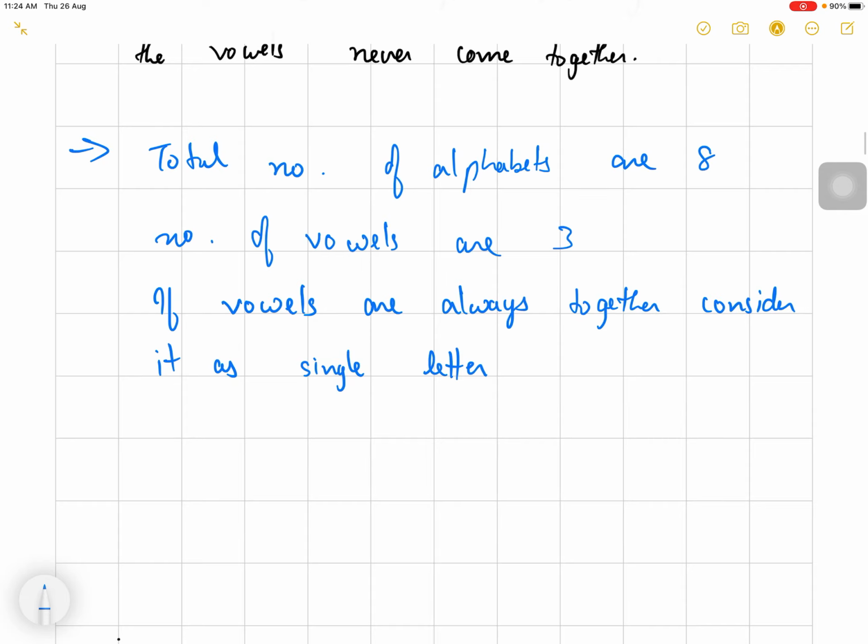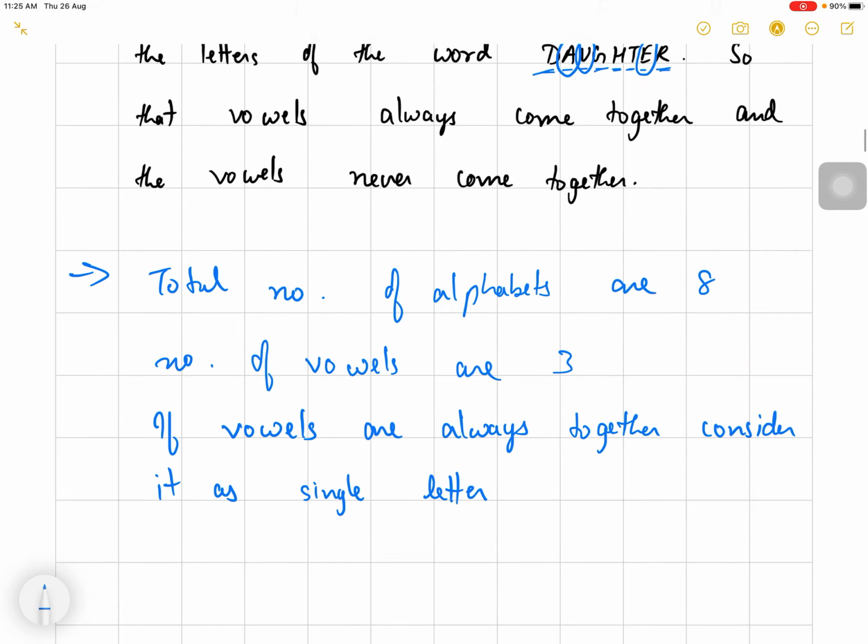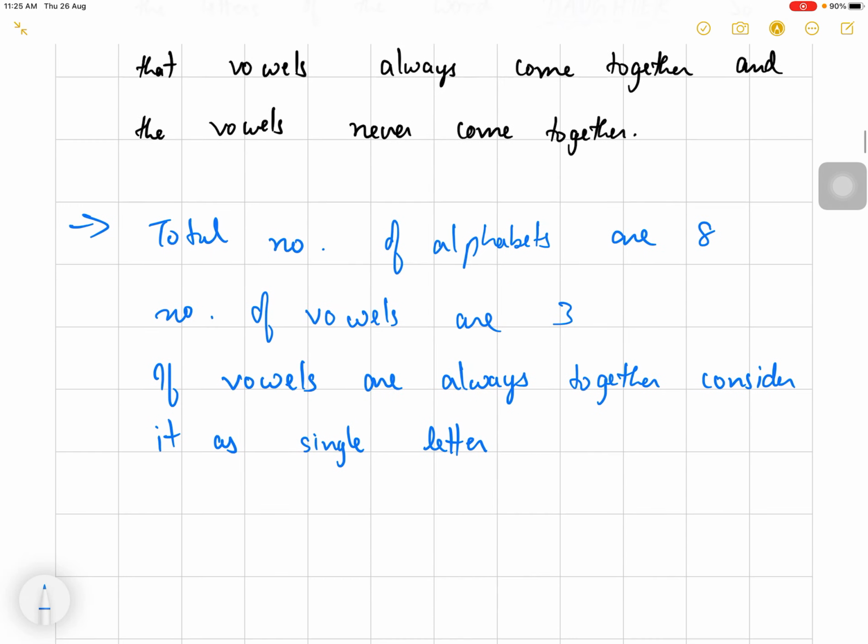So now there are 6 letters. Correct? Or the other way, what you can do, 8 minus 3 plus 1.